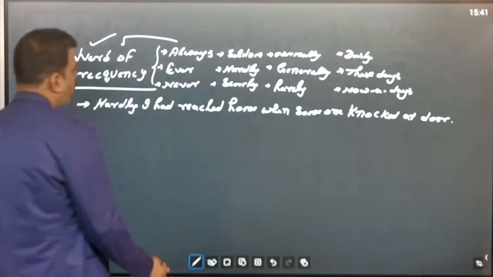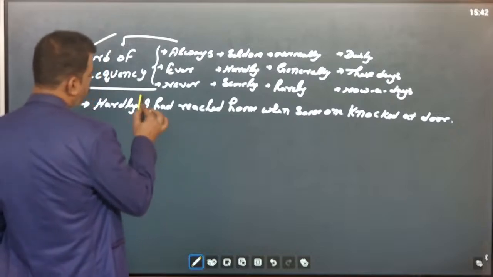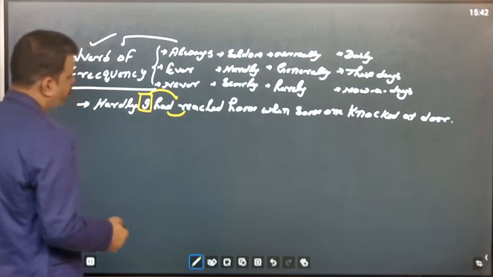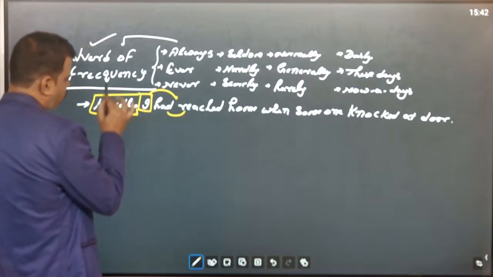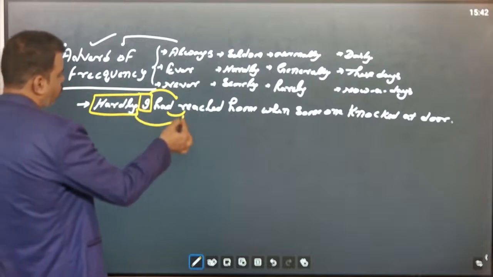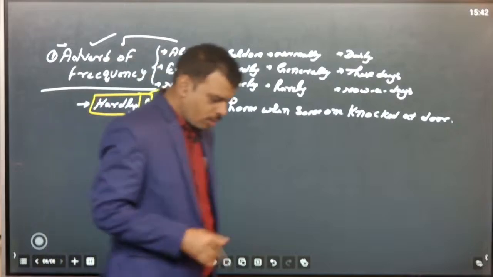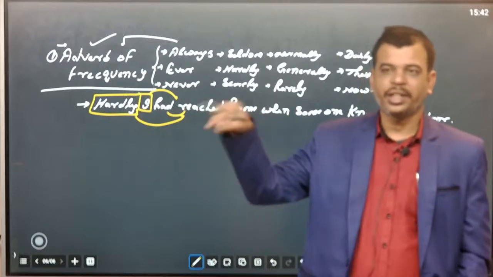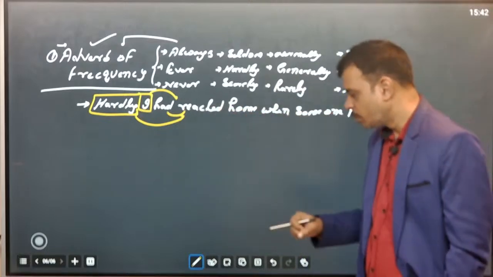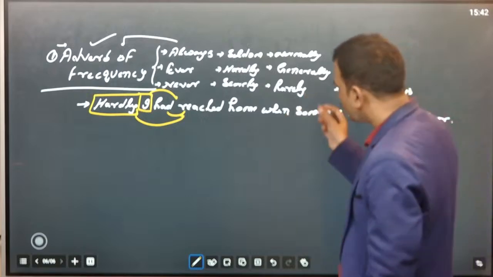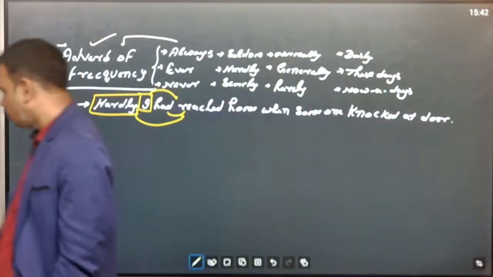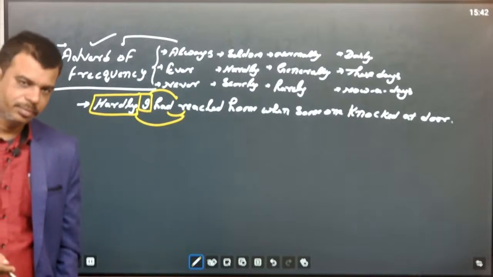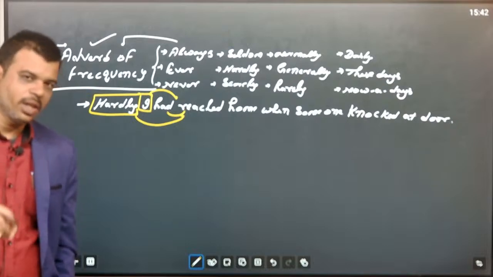Here, just look. I is the subject that is related to the verb had reached. Hardly is also an adverb and it is also connected to the verb. So with the verb we have two words and both are related to the verb had reached. If we have such a condition, we must know that we are in an inversion statement.